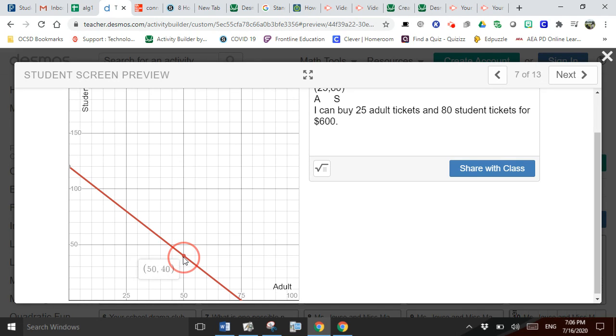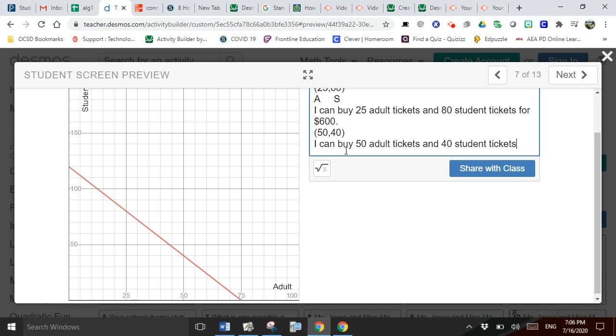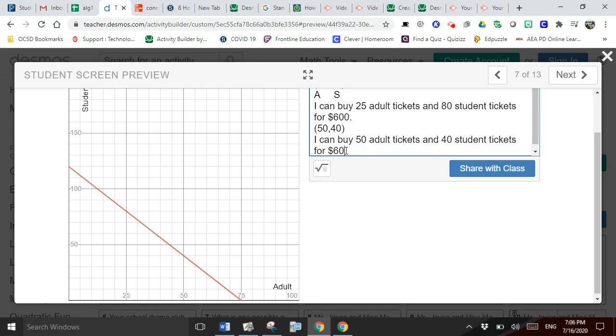It looks pretty close to 50 and 40 right there. So what does that one mean? What would that statement be? If you wrote, I can buy 50 adult tickets and 40 student tickets for $600, you are absolutely correct.